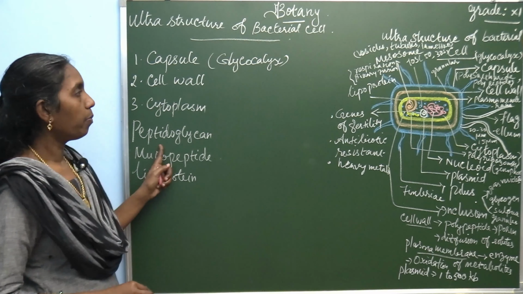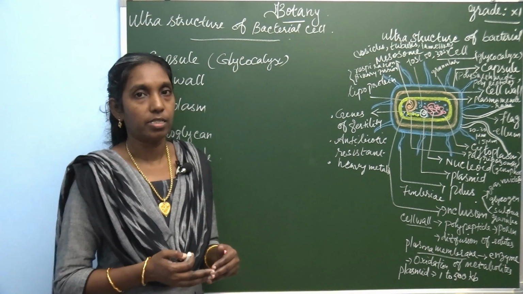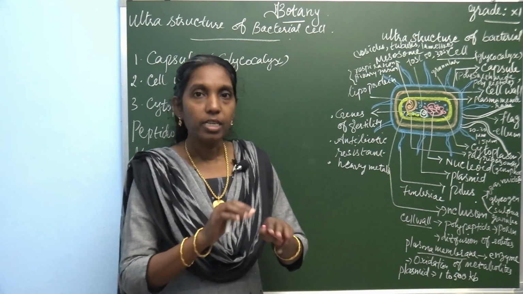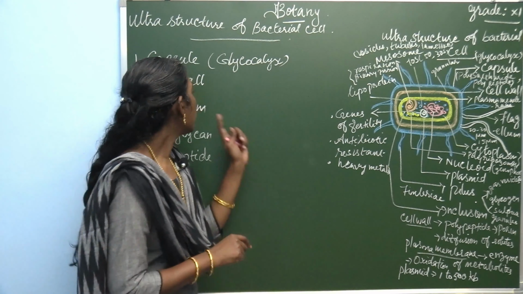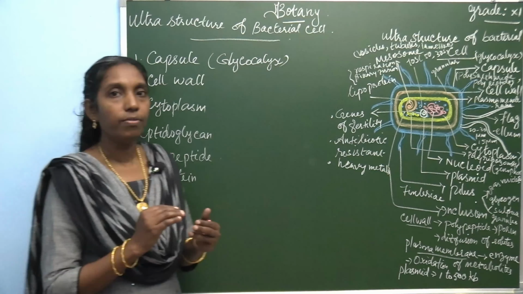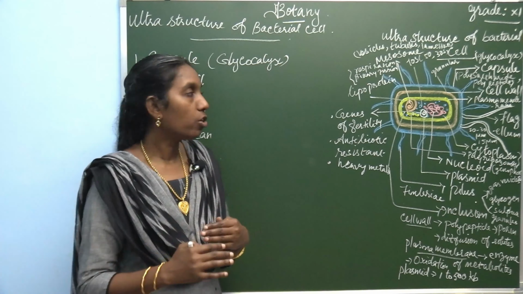Cell wall is made up of peptidoglycan or mucopeptides. Now, inner to this plasma membrane, there is a region of cytoplasm. This cytoplasm consists of the genetic material as well as the cell inclusions.